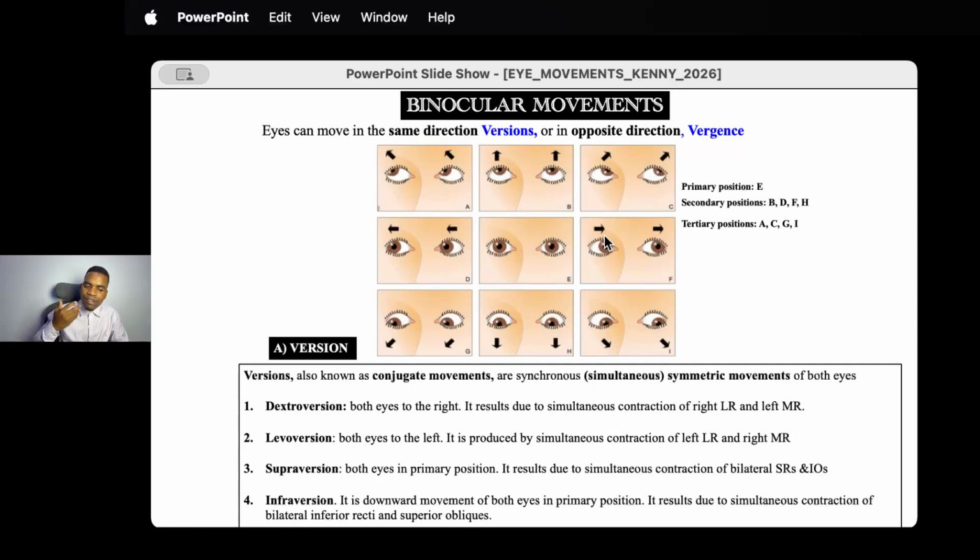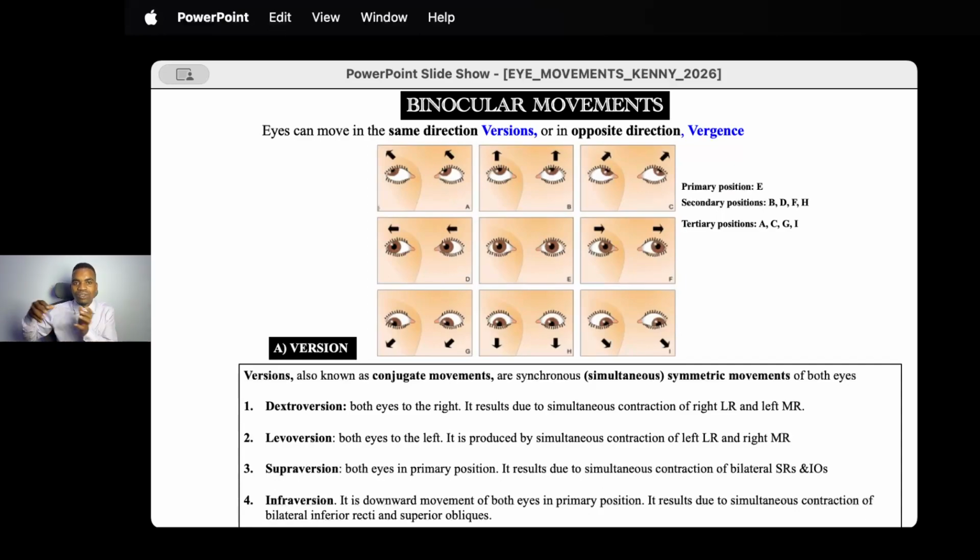When both eyes are looking to the right side, it is called dextroversion. Dextro is the Latin word for right side. Remember, if someone has the apex of the heart on the right side, it is called dextrocardia, because dextro is right and cardia is heart.